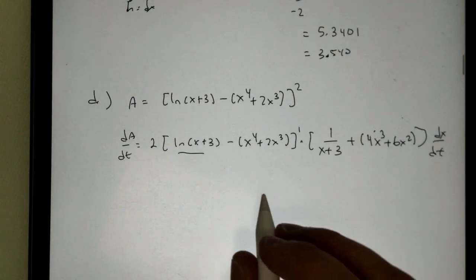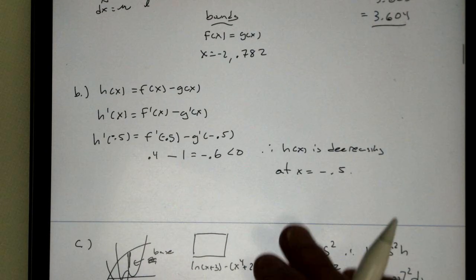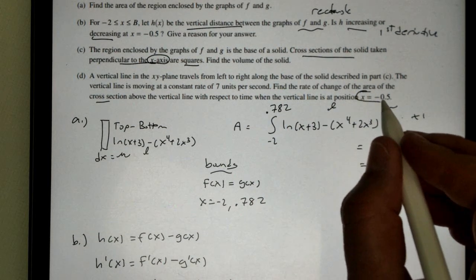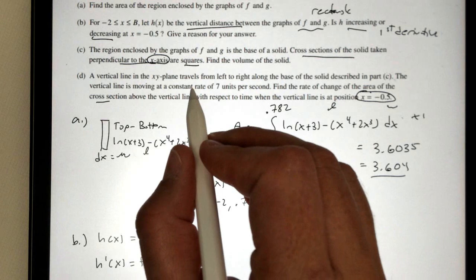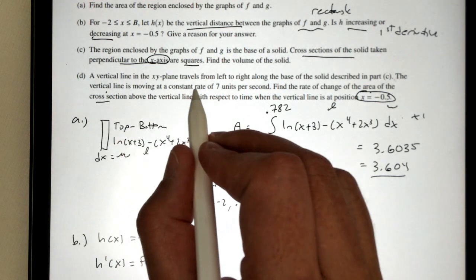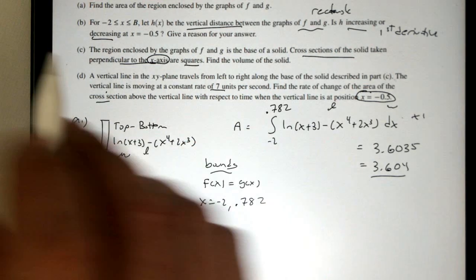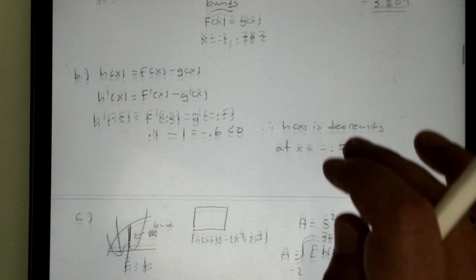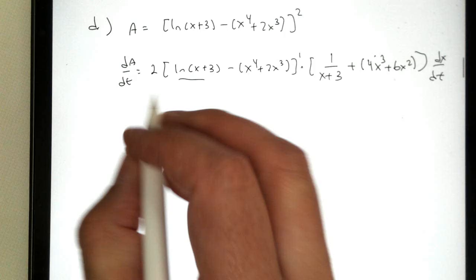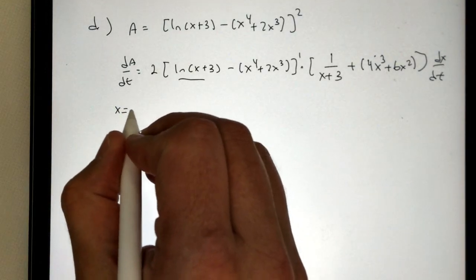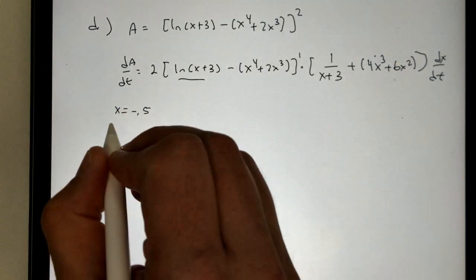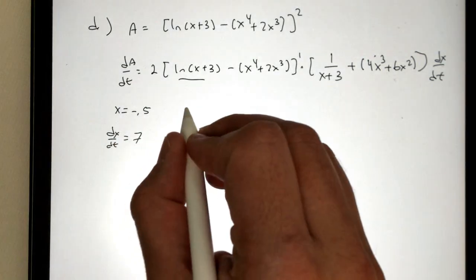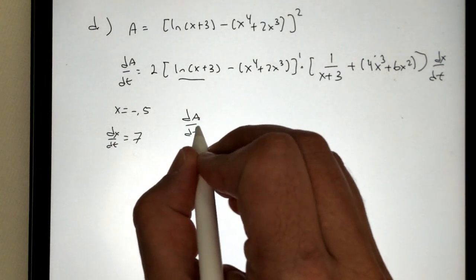So let's see what we have here. What do they tell us? They tell us that x is equal to -0.5 and it's moving along at a constant rate of 7 units per second. So given x equals -0.5 and dx/dt is 7, I'm just going to plug all that in, and I'm going to cheat a little bit and just give you the answer.